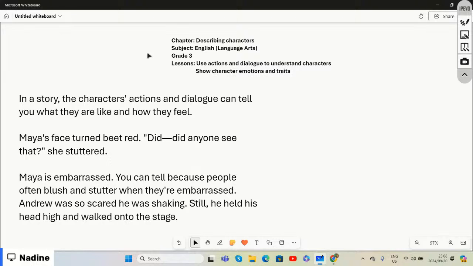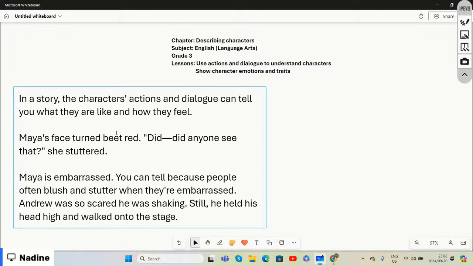All right. So when it comes to describing characters in a story, you need to describe how characters are, the characters' emotions. You need to describe their traits, right?